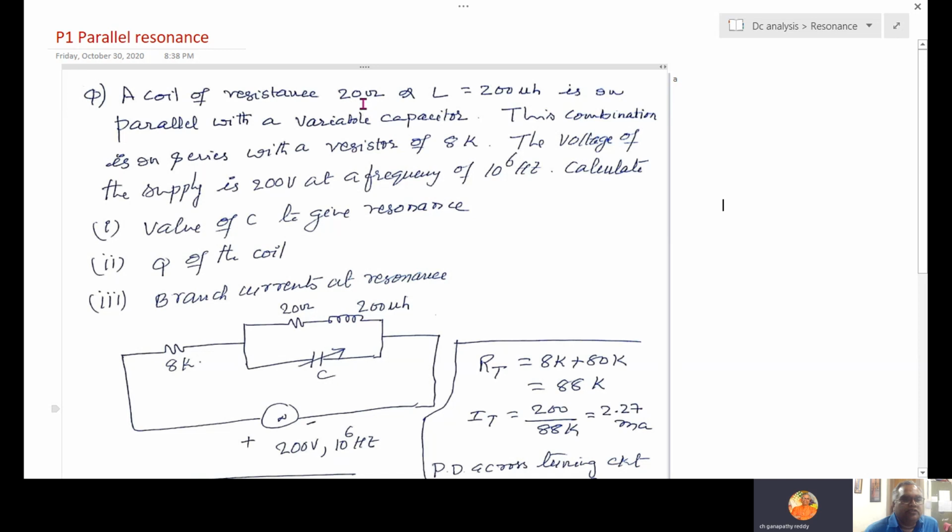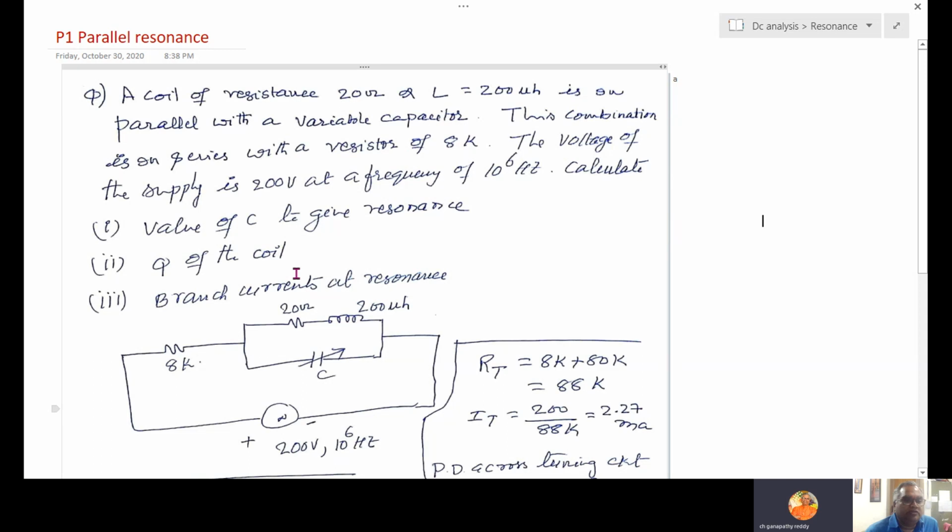A coil of resistance 20 ohm and inductance of 200 microhenry is in parallel with a variable capacitor. This combination is in series with a resistor of 8K.